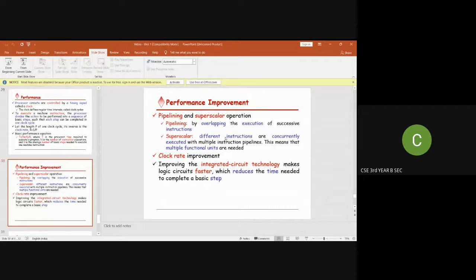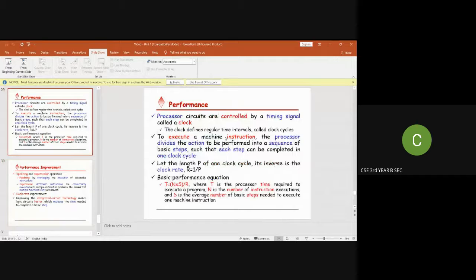These are the two different methods to improve the performance of a computer system, and we should also improve the clock rate. R should be increased. Look at this equation: if we increase the R value, then automatically the execution time of the processor T is reduced. So T is the inverse of R. If we increase the clock rate R, we can get better performance.